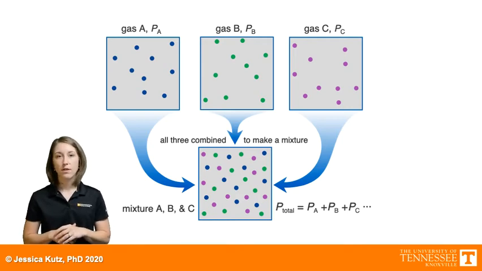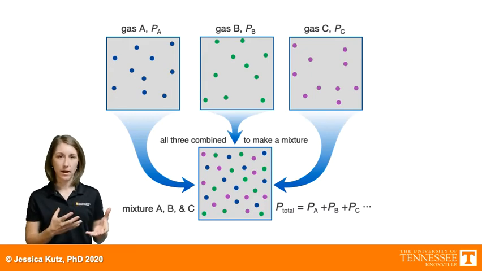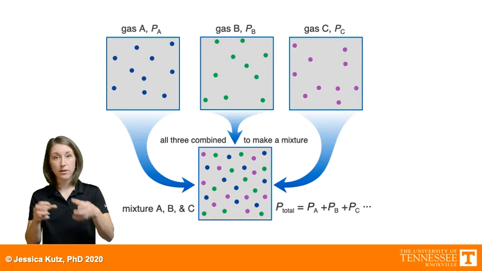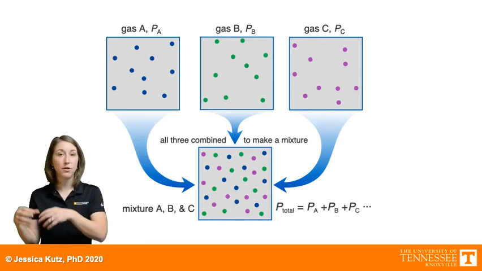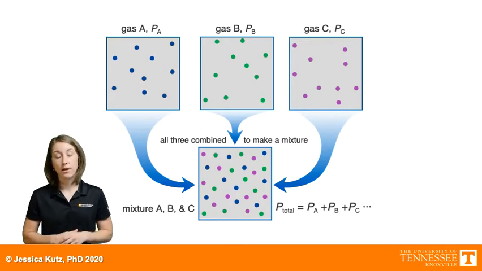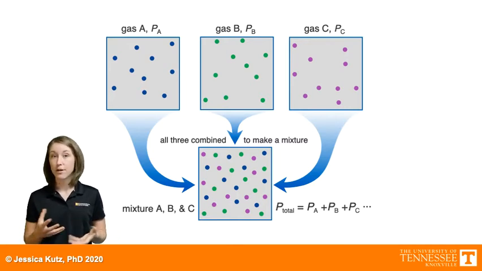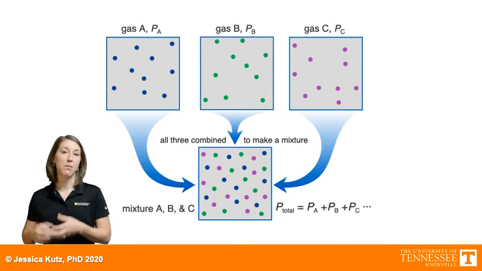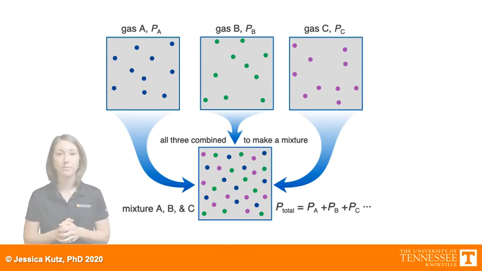So in this case, we're just going to assume they might all be similar in properties as well as percentage. So maybe the partial pressure of gas A is 100, the partial pressure of gas B is 100, and the partial pressure of gas C is 100. If I put them all together, the total pressure here would be 300 millimeters of mercury, if each had a partial pressure of 100.